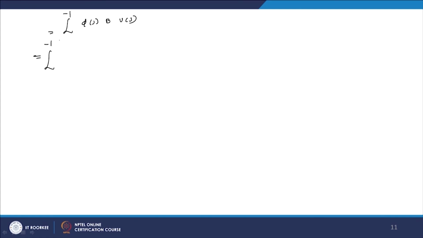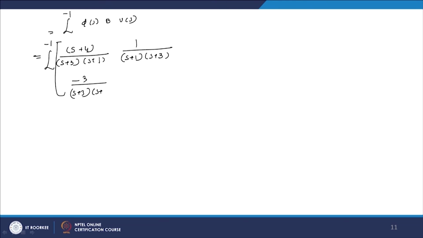So, Laplace inverse of s plus 4 divided by (s plus 3)(s plus 1), 1 divided by (s plus 1)(s plus 3), minus 3 divided by (s plus 3)(s plus 1), and here s divided by (s plus 1)(s plus 3).